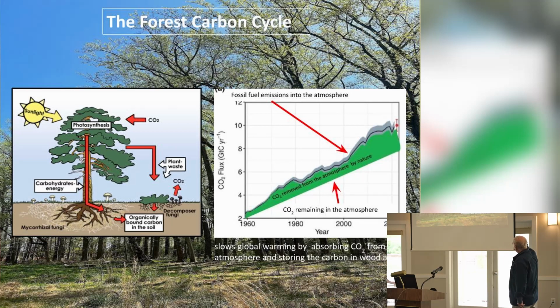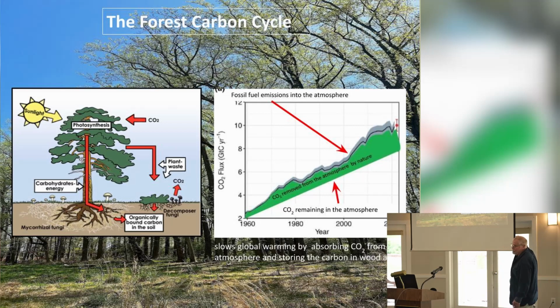This line down here is how fast the CO2 is going up in the atmosphere. So all this is not showing up in the atmosphere, even though we're producing it. That's because there are natural processes, things in nature that are taking the CO2 out of the air and storing it somewhere else. So we started here at 320 parts per million. It's a big number, it sounds like it, but it's parts per million.